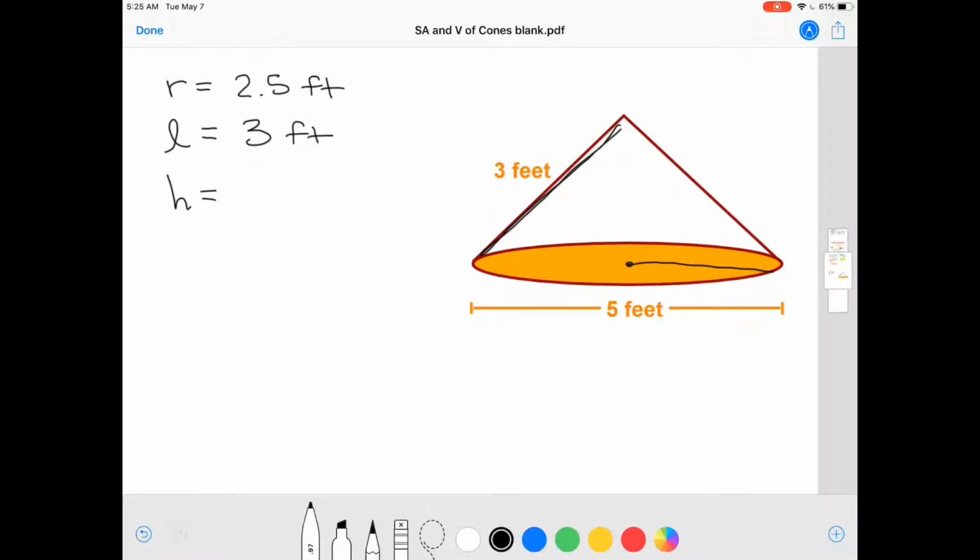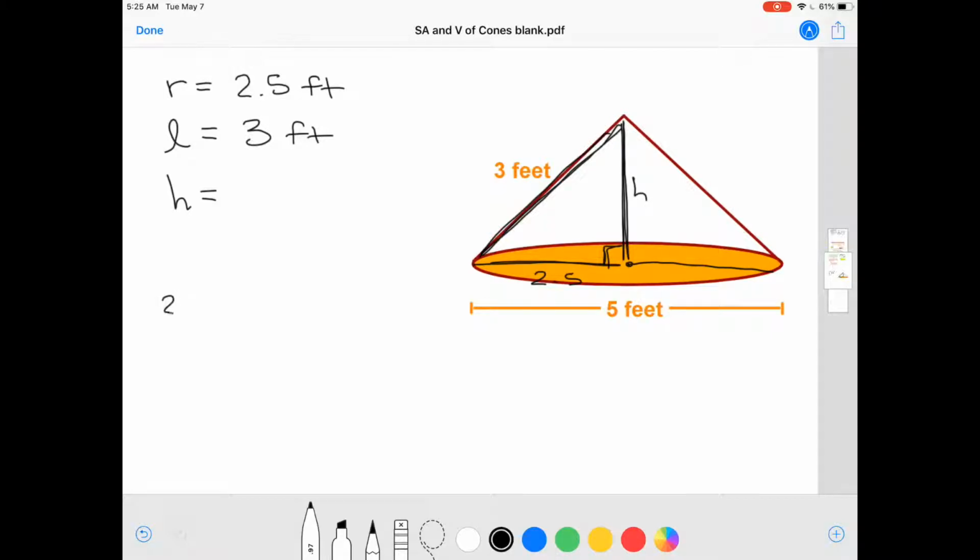And what's the trick for figuring out the height? Since this is a nice right cone, it's standing up straight, we've got the radius, the slant height, and the regular height make a right triangle. So we'll do a little Pythagorean theorem.